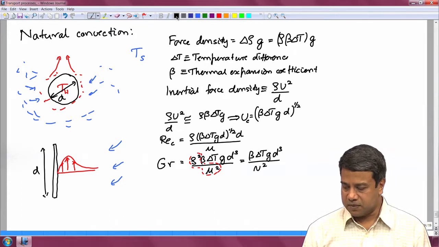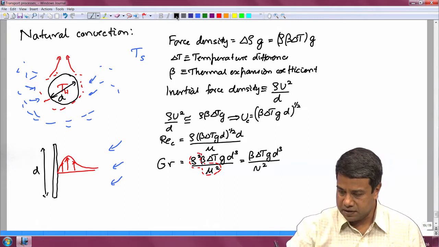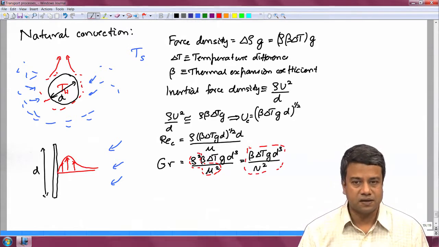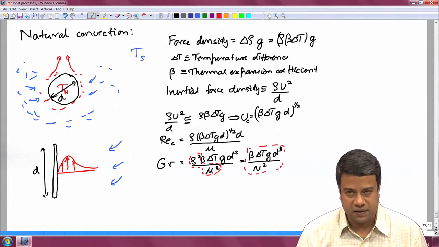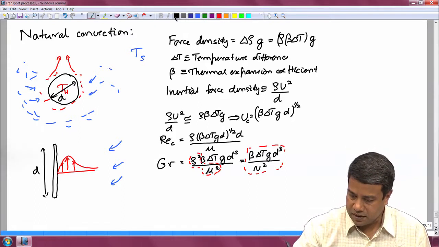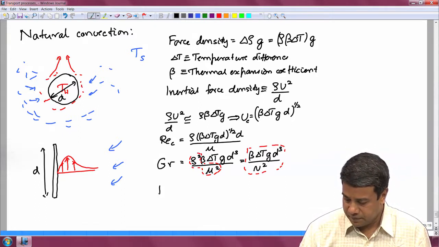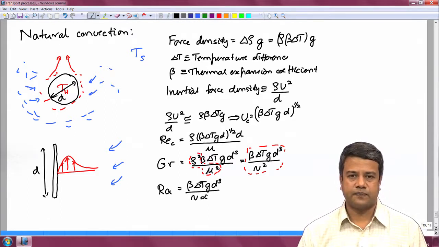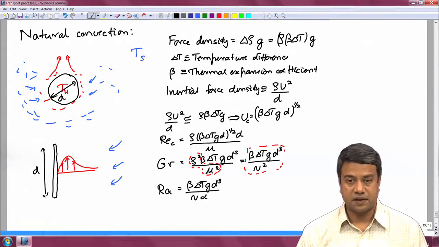The other dimensionless number that is often used is, rather than writing the denominator in this case as the square of the kinematic viscosity, I can also write it as the product of the kinematic viscosity times thermal diffusivity, and that is what is called the Rayleigh number.